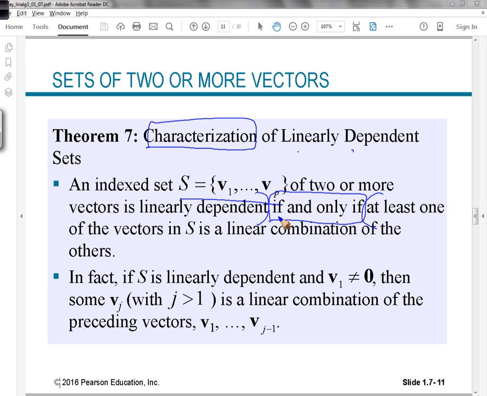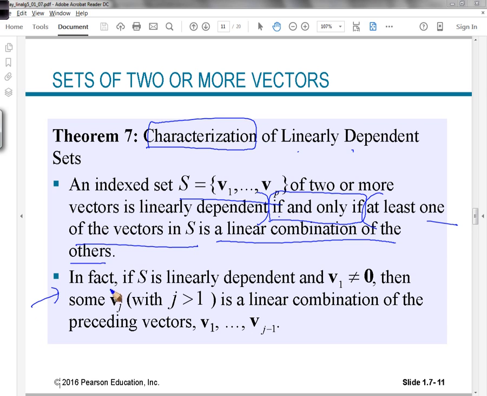So that is the meaning of if and only if, right? And then the second sentence is at least one vector in S can be represented as a linear combination of the others, right? That's exactly what we just thought about in this class, right?